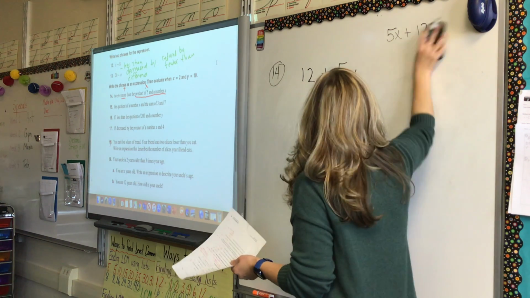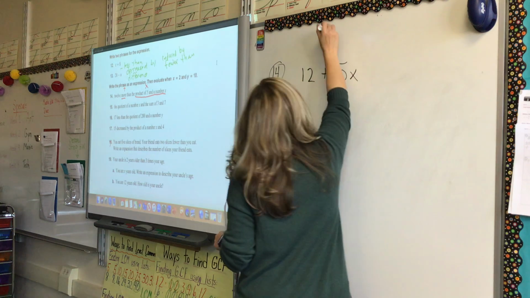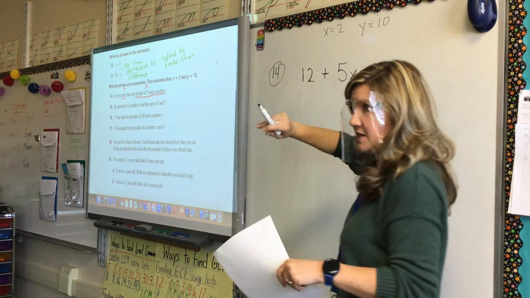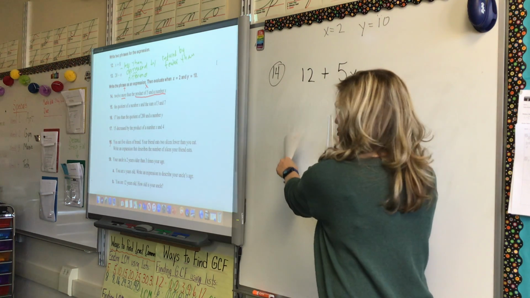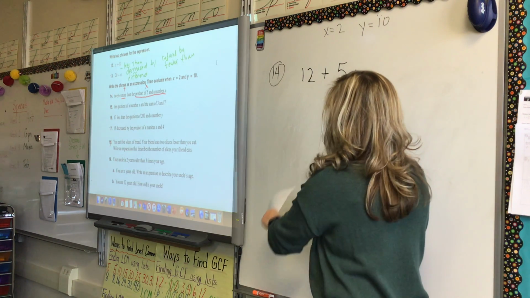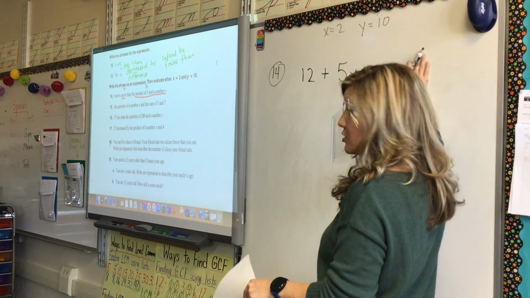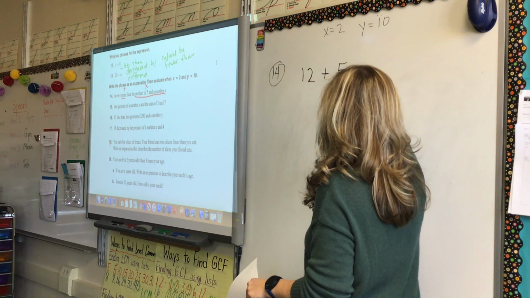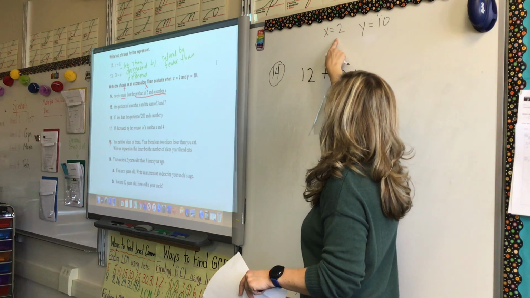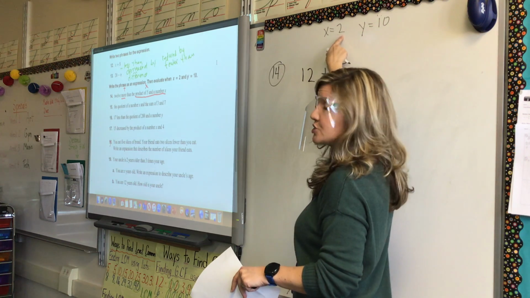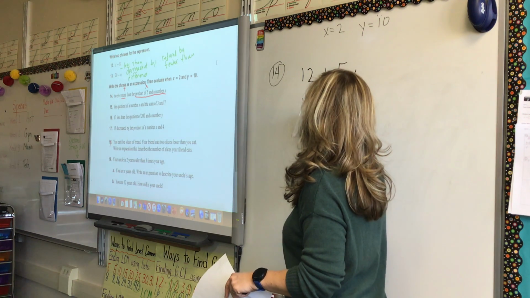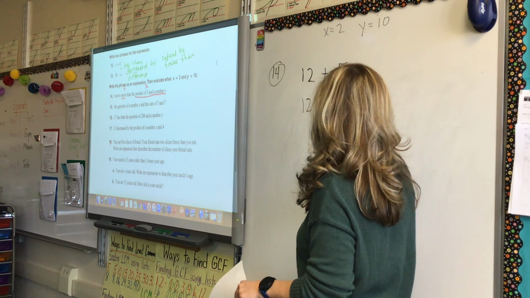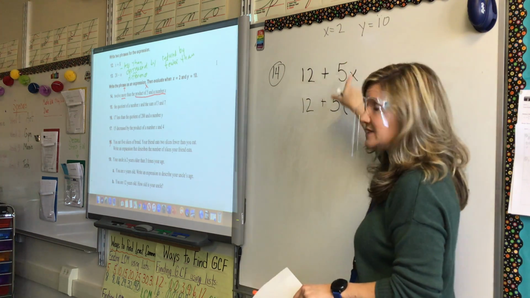Now we need to solve because x equals 2 and y equals 10. We're treating this as an expression, so we use the funnel, do order of operations, and do any work outside of that area. Let's plug in our variable. The value of x is 2, so let's rewrite our problem: 12 plus 5 times 2.